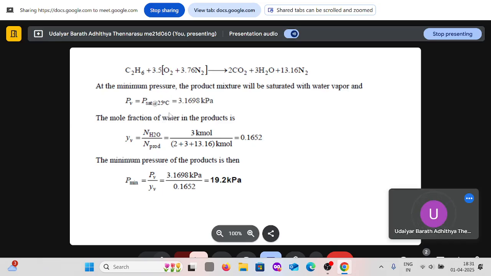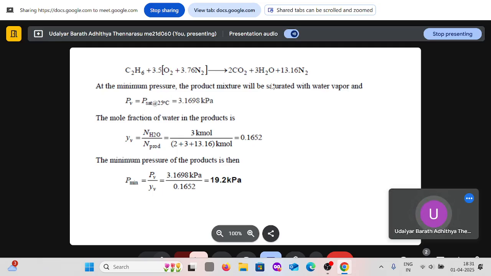So if your pressure is lower than this, water will start condensing. This is the minimum pressure which you will require such that the water will stay as a vapor. That's why we started with calculating this.